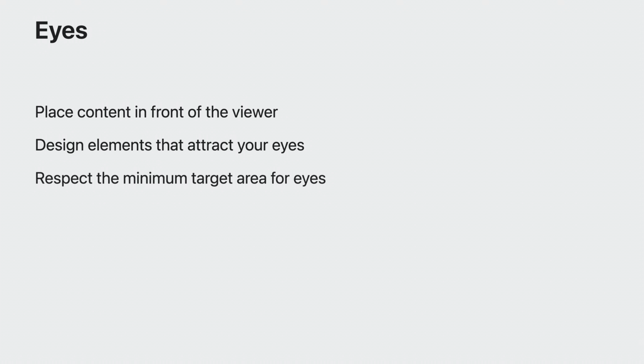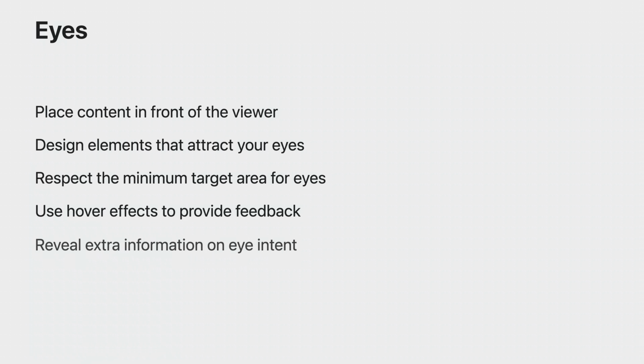We also reinforced how important it is to respect the minimum target area of 60 points in your controls. How we should always communicate interactivity and reinforce targeting by adding hover effects to your elements. And lastly, how we can take advantage of UI elements that reveal extra information on eye intent.